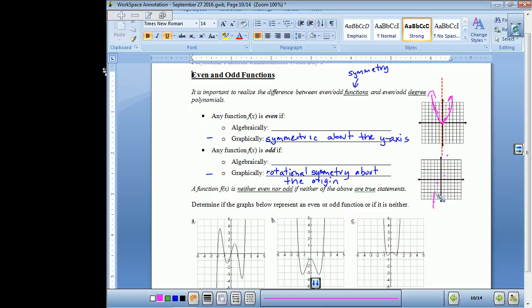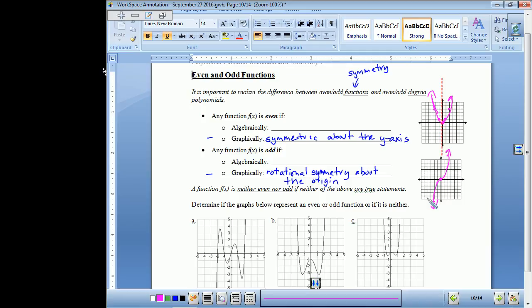So an example of this would be one of our cubic functions, especially one that has that inflection point right there at the origin. If I thought about this as a spinner, and this is where my pin is, if I flick it and spin it round and round, it can go 180 degrees and fall right back on top of itself. So if I can do a rotation of 180 degrees about the origin, and the graph falls right back on top of itself, it has odd symmetry.